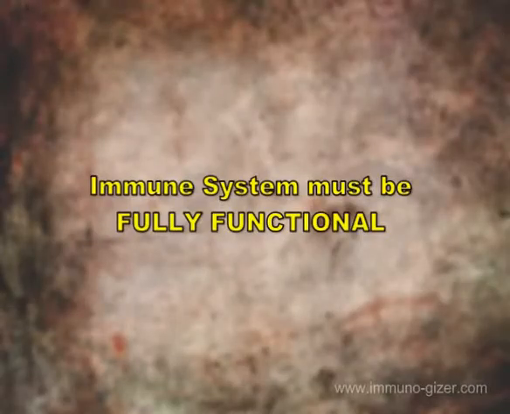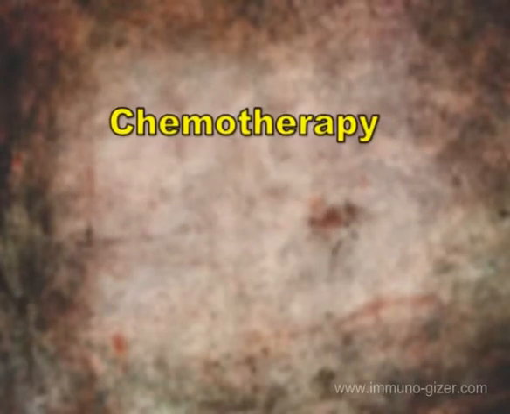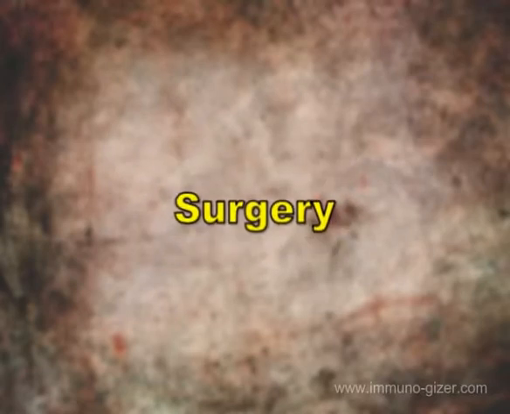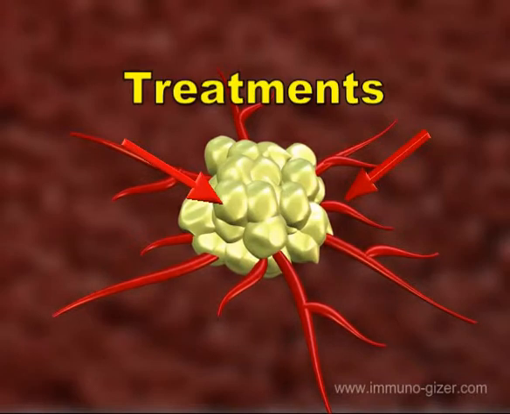It is therefore imperative that all aspects of the immune system are fully functional, if cancer is to be eradicated from the body. The use of various modalities of cancer treatment such as chemotherapy, radiotherapy, and surgery. These treatments are attempts to reduce the cancer mass.